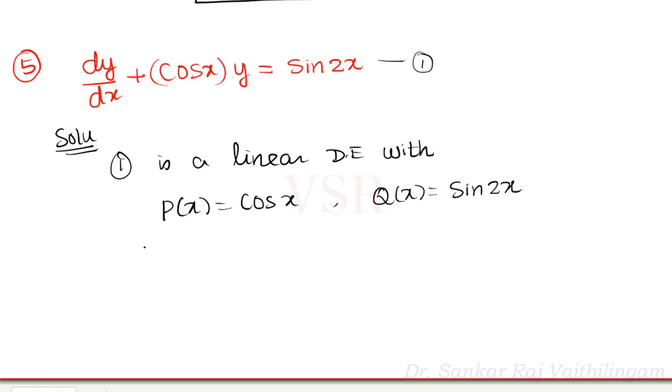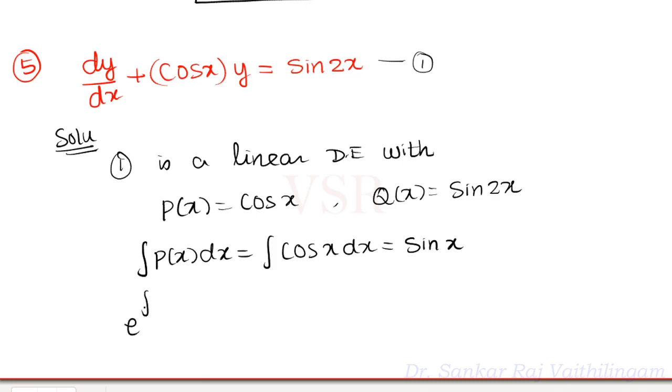Upon integral p of x dx, which is equal to the integral of cos x dx, which is equal to sin x, upon e to the power integral of p of x dx, which is equal to e to the power sin x.